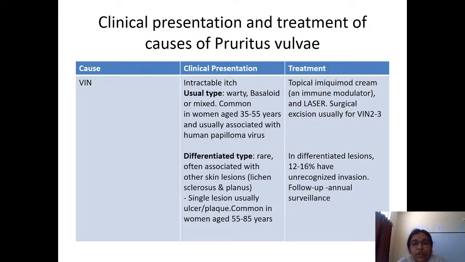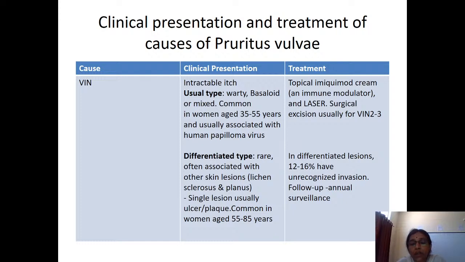When it comes to the differentiated type, this is because of the associated other skin lesions, especially lichen sclerosus or lichen planus. Usually these lesions tend to be a single lesion, and they present to us in the form of either an ulcer or a plaque. This is most commonly seen in women aged 55 to 85 years.